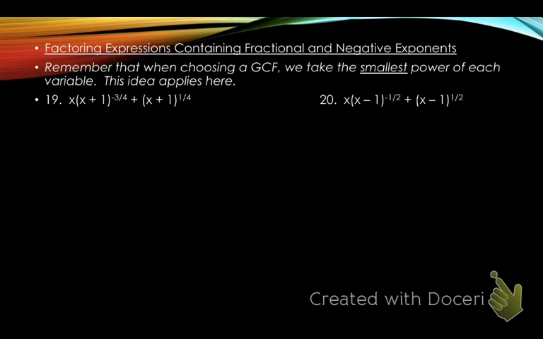Factor expressions containing either fractional or negative exponents. Okay, what you're going to do is remember that when using a GCF, we take the smallest power of each variable. Okay, so notice here we have the x plus 1 to the negative 3/4 power.